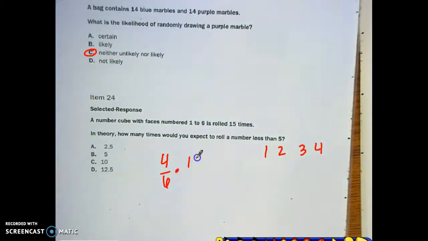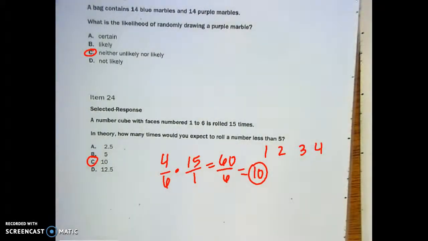Multiply that by the 15 times that you roll the dice. 4 times 15 is 60 out of 6. When you simplify that, that gives you 10. So out of 15 times rolling it, 10 of those times you should land on a number less than 5.